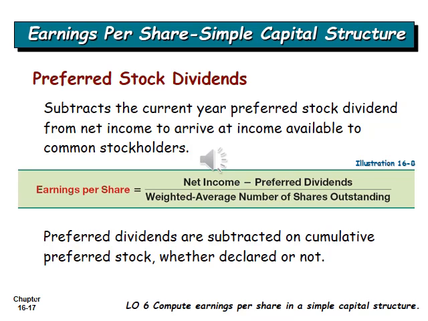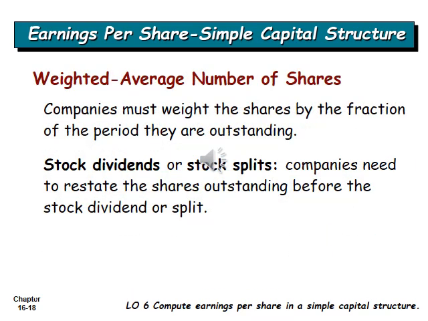We know that the basic equation to determine the earning per share is to divide net income minus preferred dividends over the weighted average number of shares. The weighted average number of shares is calculated by taking any kind of transactions that affect the common stock amount during the period.